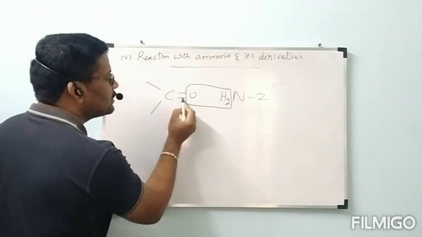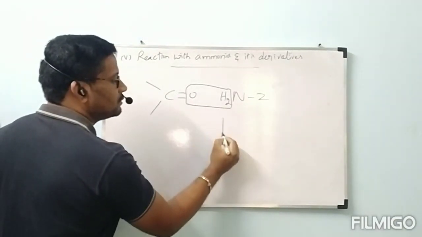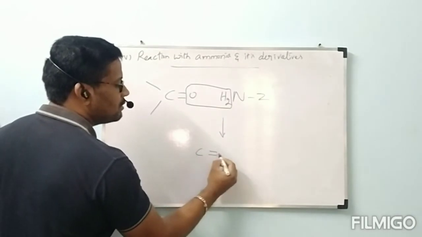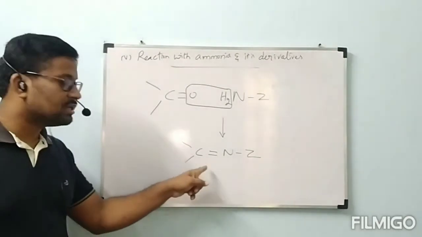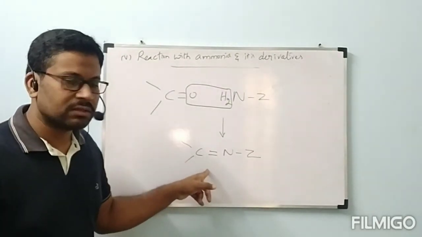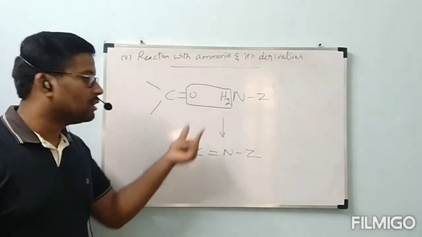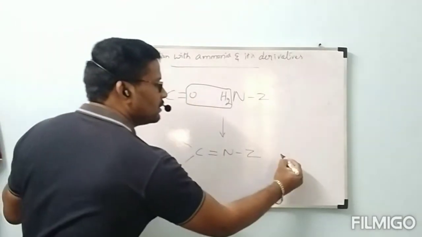This double bond is there, na? It is formed with nitrogen. C double bond NZ. Over. This is the final product we got in previous thing also. Now see, same thing. Simply we remove water plus water.